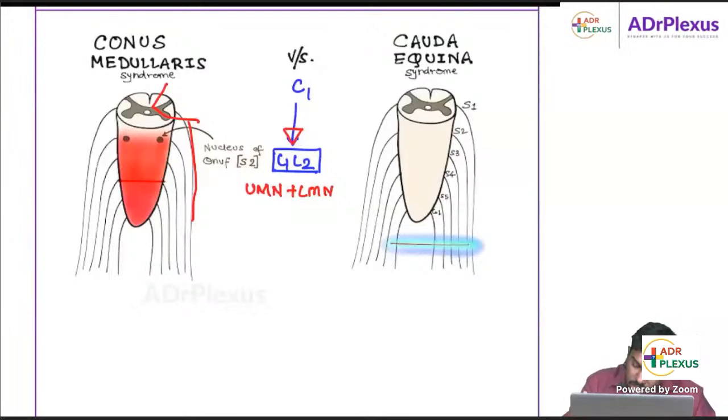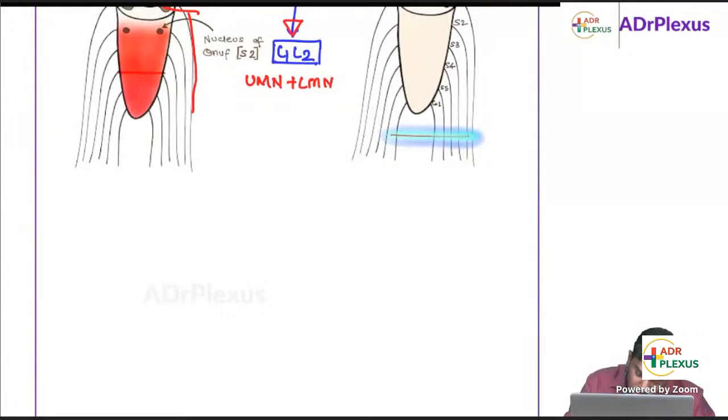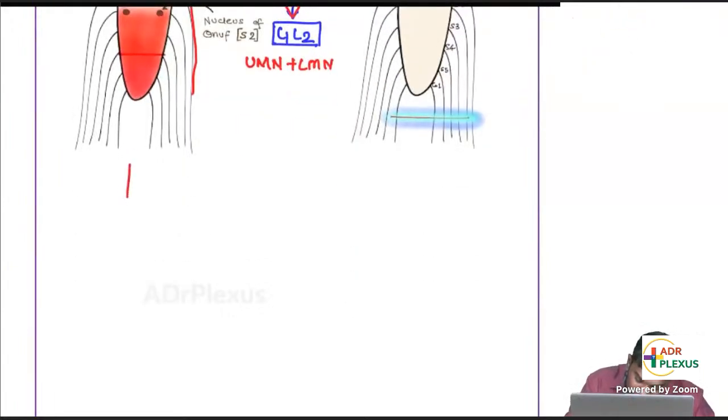Okay, so here in cauda equina, what is going to happen? Cauda equina is going to involve the fibers which are below the level of the conus medullaris. Okay, so if you take here, the conus medullaris is going to have fibers from S2 to S5.